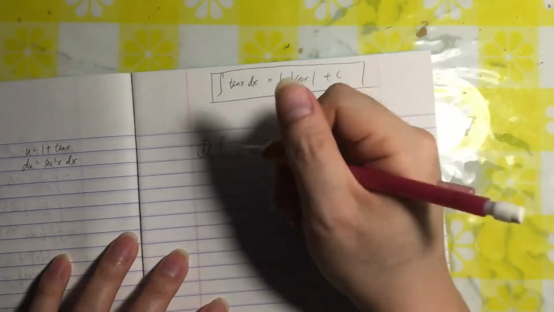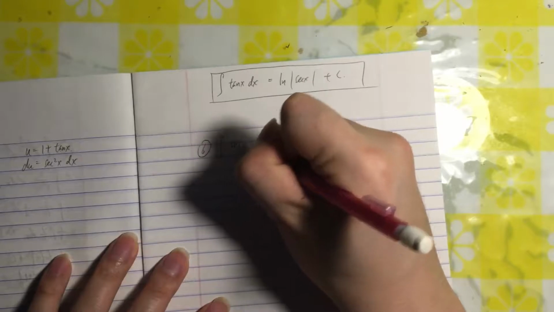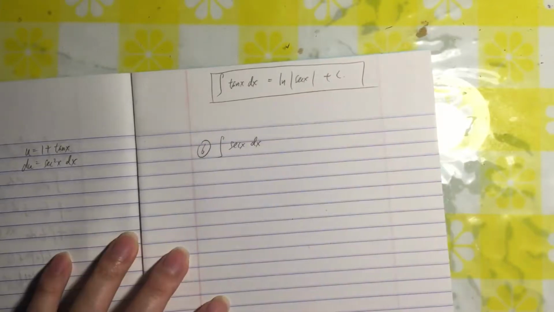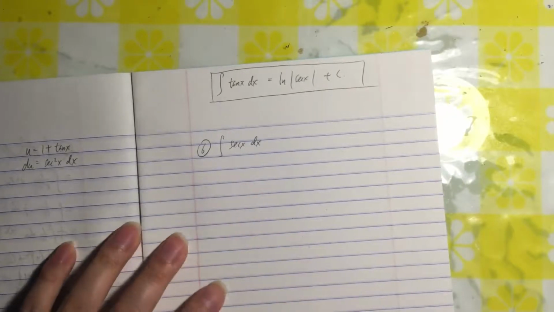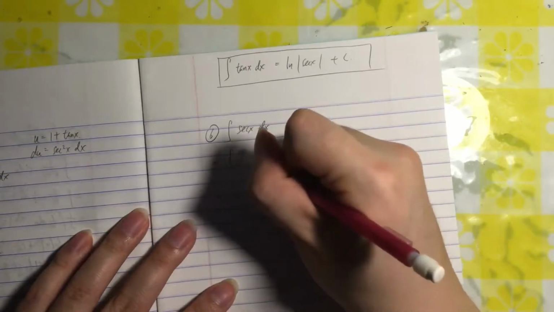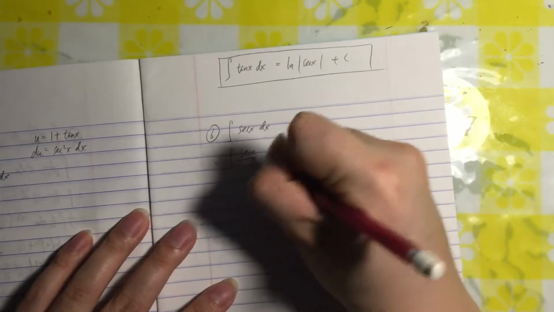Next example. How can we find the antiderivative for secant x dx? The way to find the antiderivative for secant x is very, very tricky. For secant x, I first of all rewrite secant x as secant x over 1.